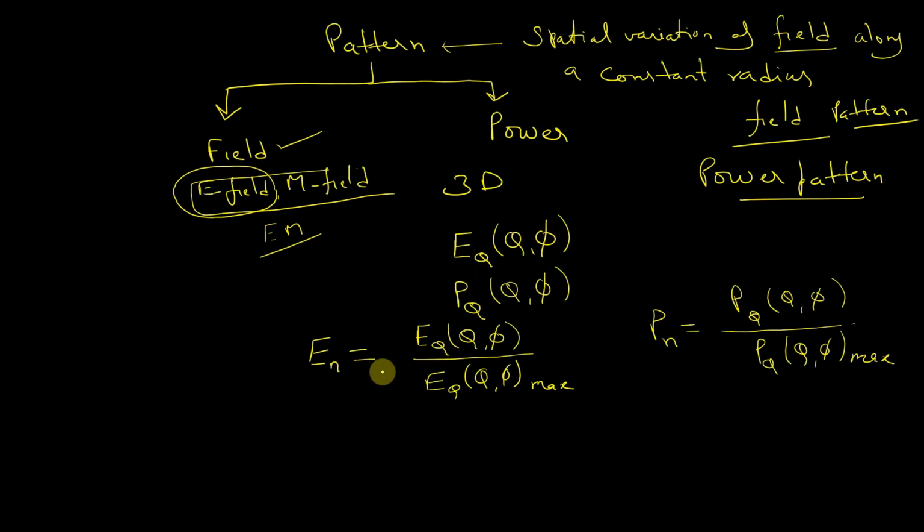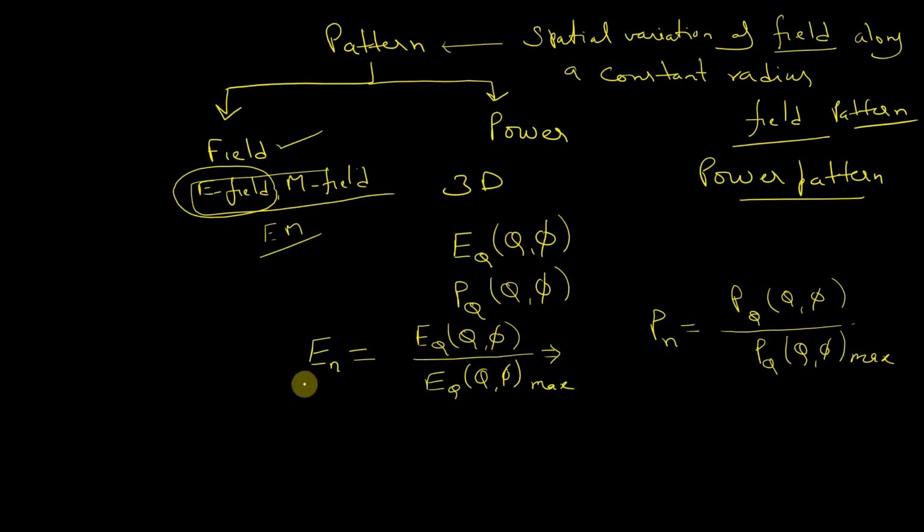This is how we can reduce the scale of the field pattern and the power pattern by normalizing it. If we plot these, the maximum value of the normalized field pattern En will be 1. Similarly for power, the maximum value will be 1.